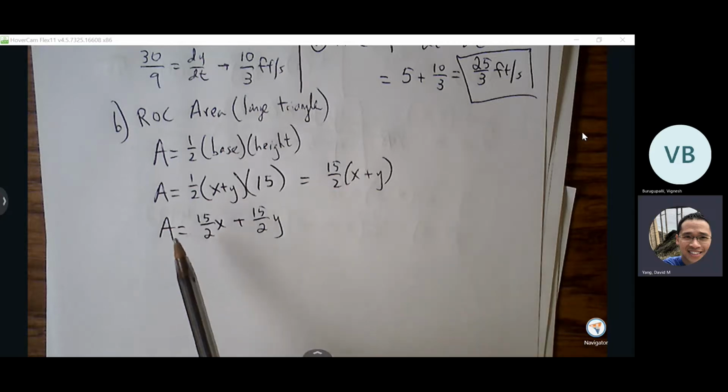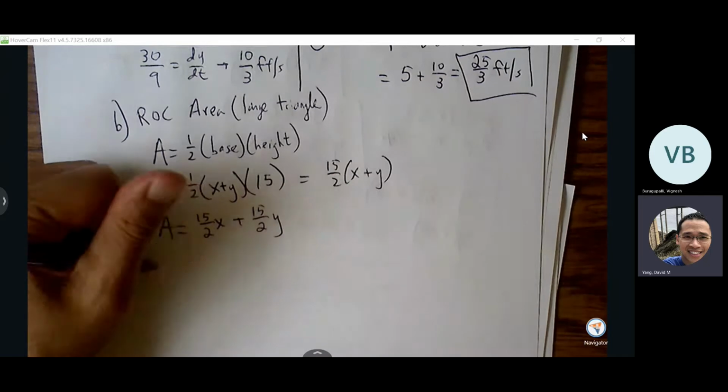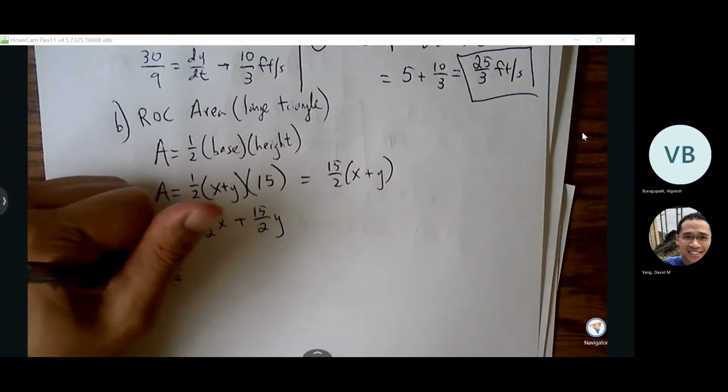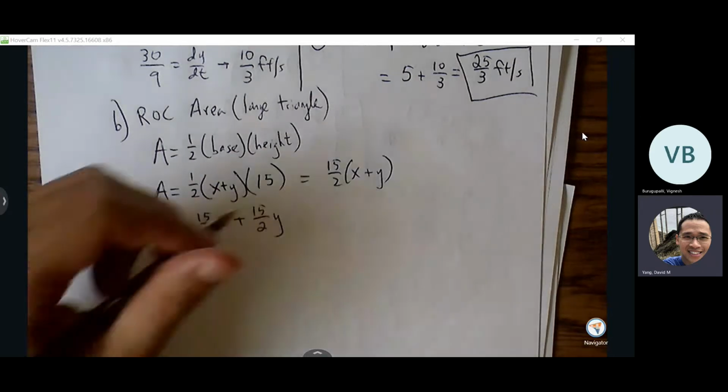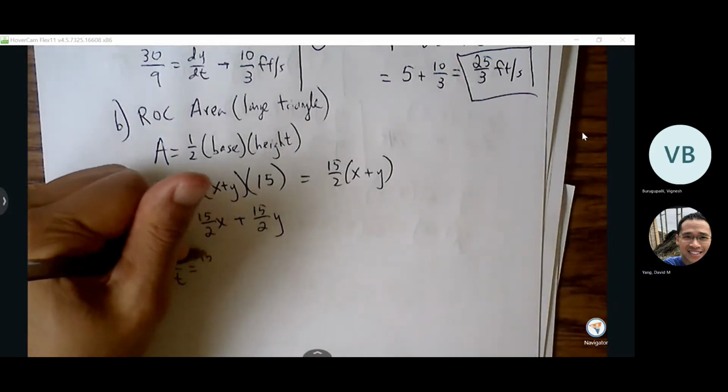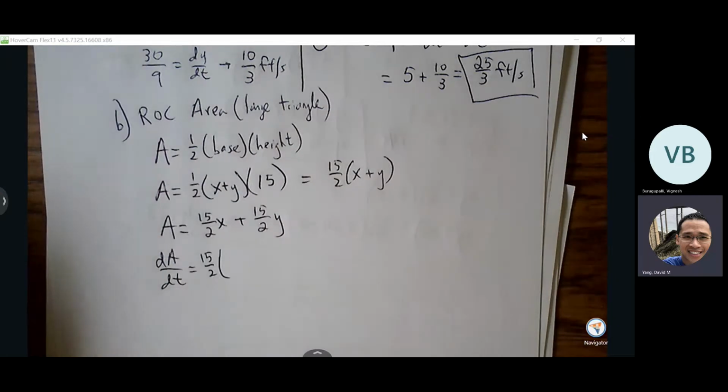Okay, no need for product rule here. dAdt equals, what does x become?